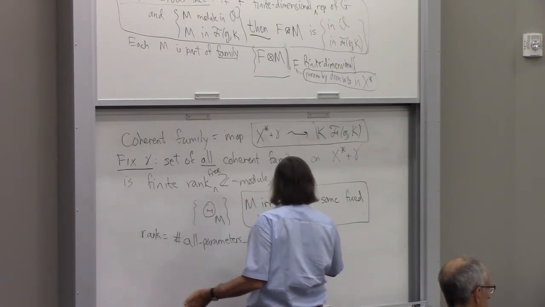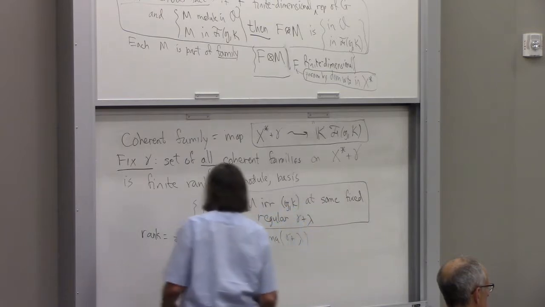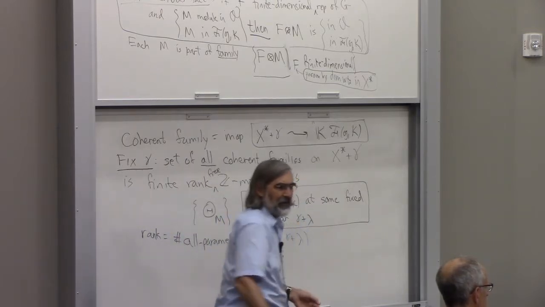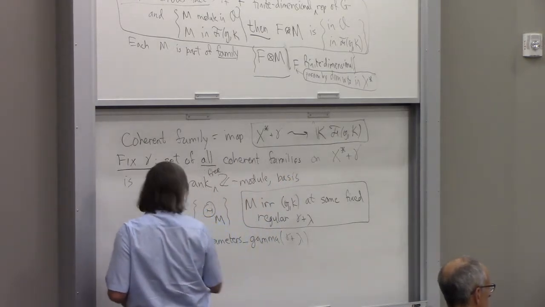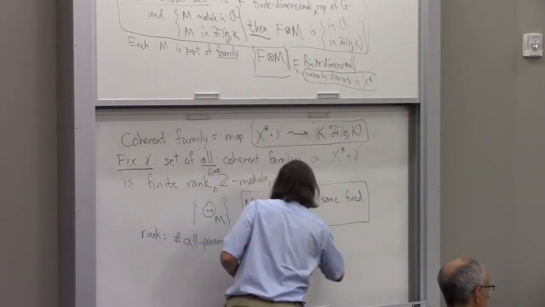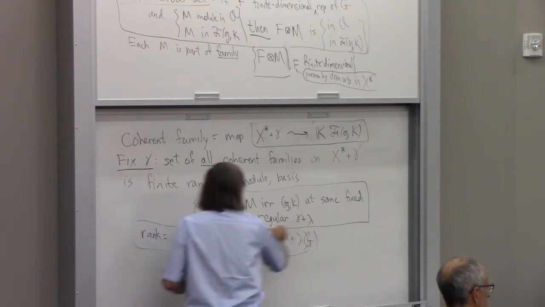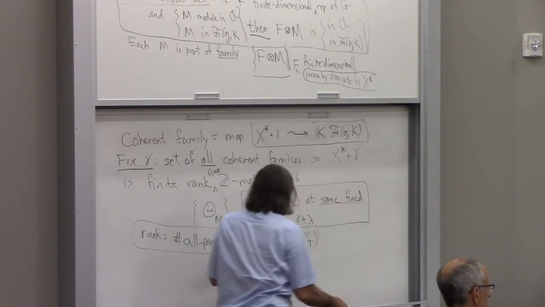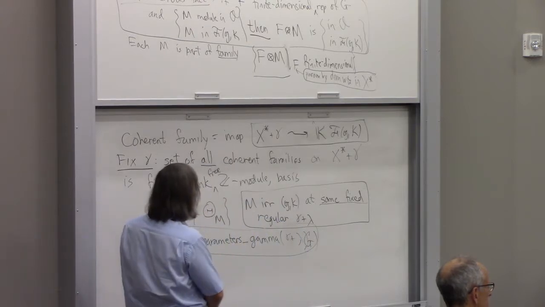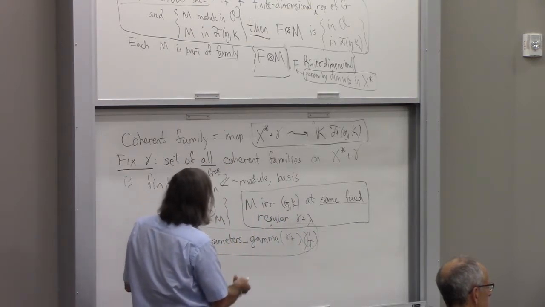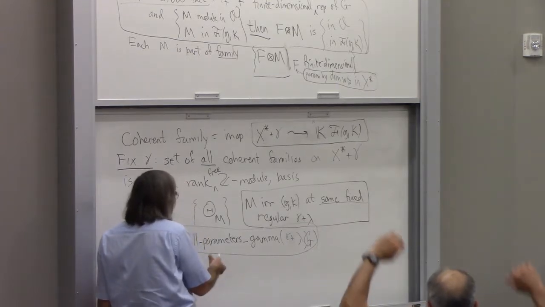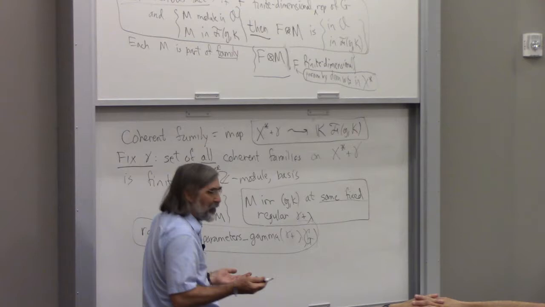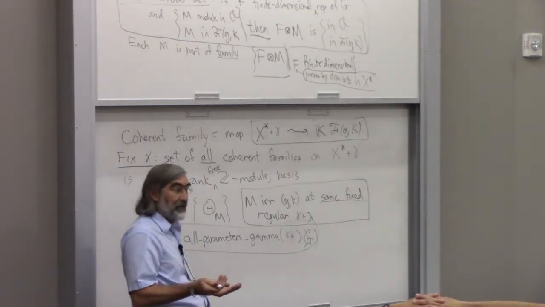whatever it is, and you have to put G in here somewhere, I forget, but lambda is also fixed. So the punchline was supposed to be Weil group representations.